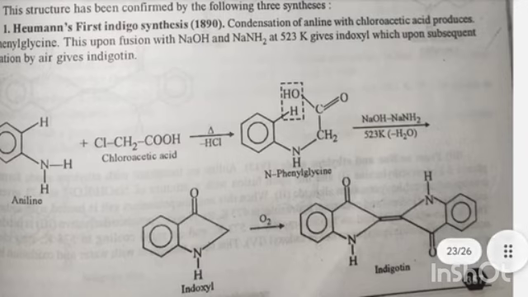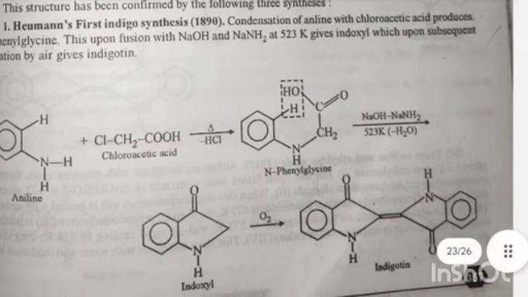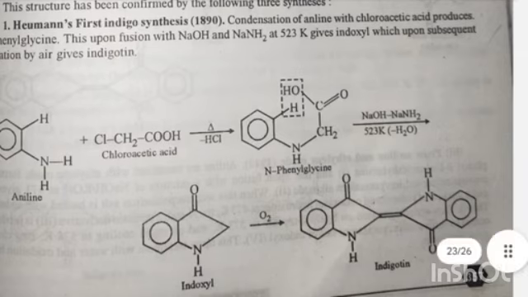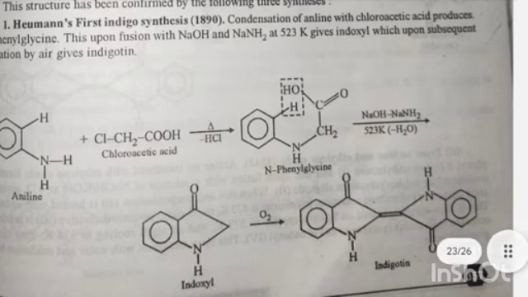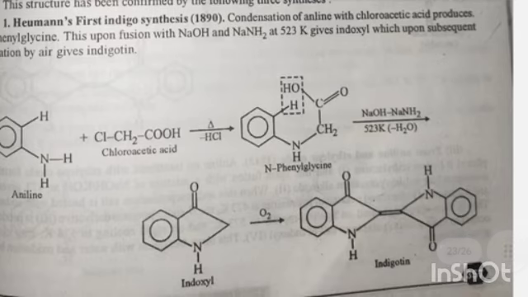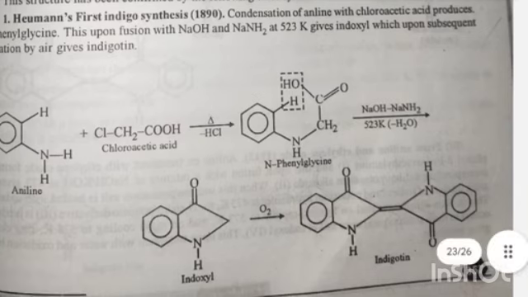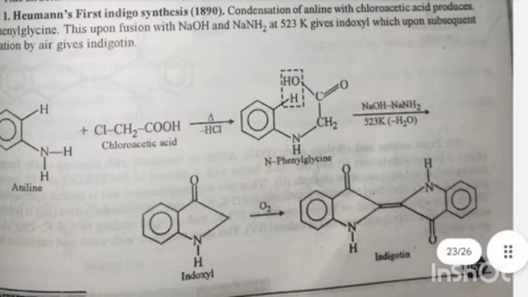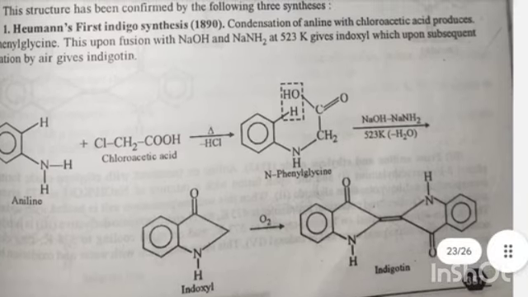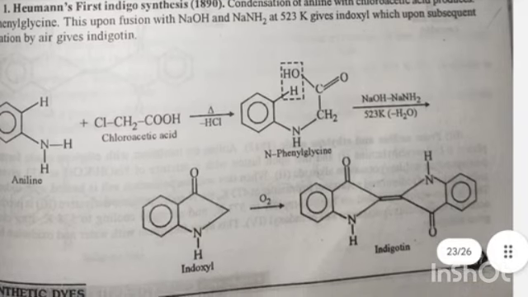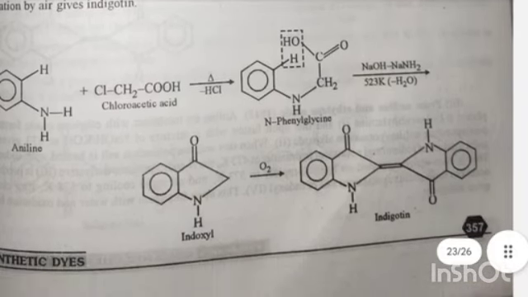Heumann's first indigo synthesis: condensation of aniline with chloroacetic acid produces N-phenylglycine. This, upon fusion with NaOH and NaNH2 at 523 Kelvin, gives indoxyl, which upon subsequent oxidation by air gives indigotin.